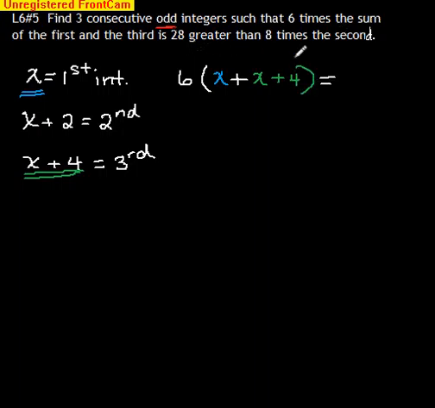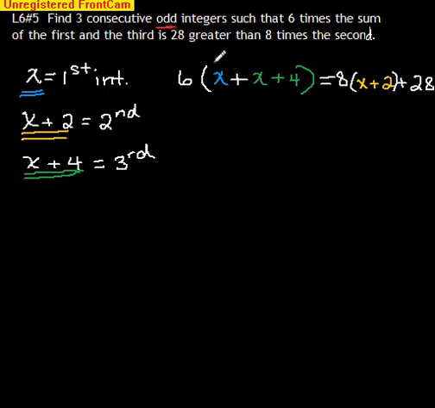Is 28 greater, so we're going to add a 28 onto whatever we pick, 8 times the second. So here's the second. So it's going to be 8 times the second, which is x plus 2.